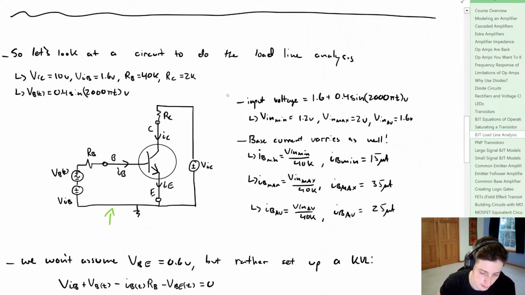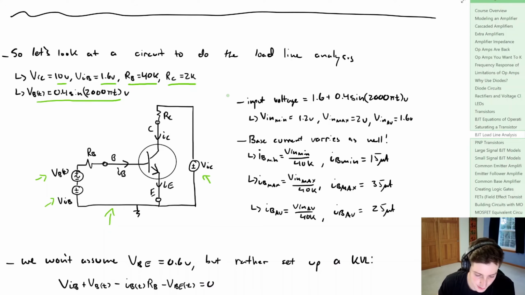So here's our circuit. Pretty straightforward, nothing crazy, except notice that for the base we have a DC source and an AC source. For the collector we have a DC source equal to 10 volts. Our DC source for the base is 1.6 volts. Our resistor on the base is 40K, our resistor on the collector is 2K, and our AC source on the base is 0.4 times sine of 2000 pi t.